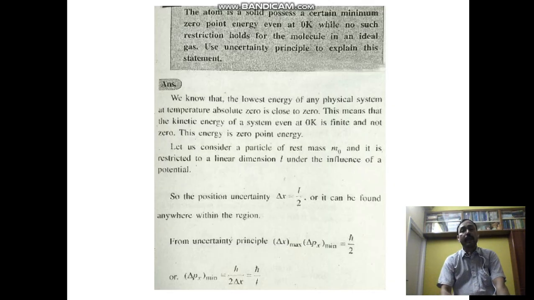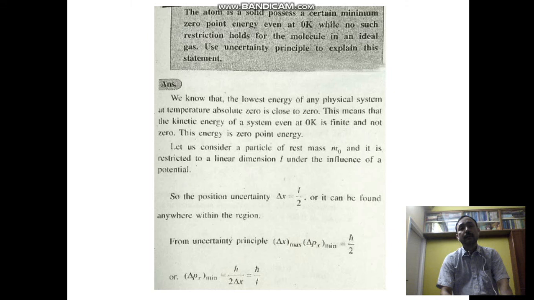Now another problem: an atom in a solid possesses a certain minimum zero point energy even at 0 K, while no such restriction holds for the molecules in an ideal gas. Use the uncertainty principle to explain this statement.